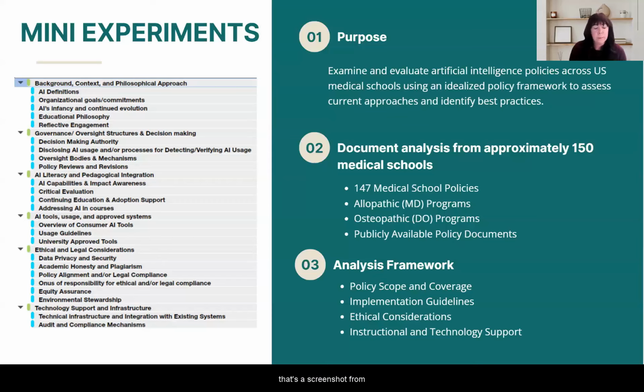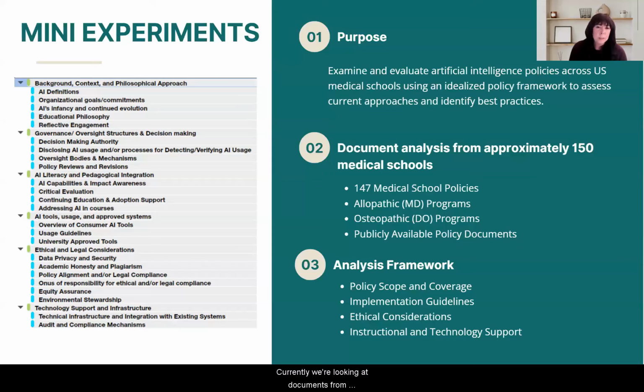That's a screenshot from the policy analysis framework that we're currently using in Deduce. And I should note that this is a collaborative project in which I'm working with Adam, as well as a variety of researchers from Rush and outside of Rush as well.